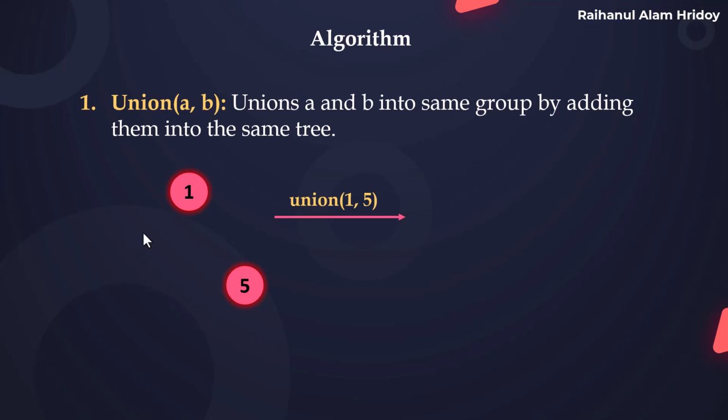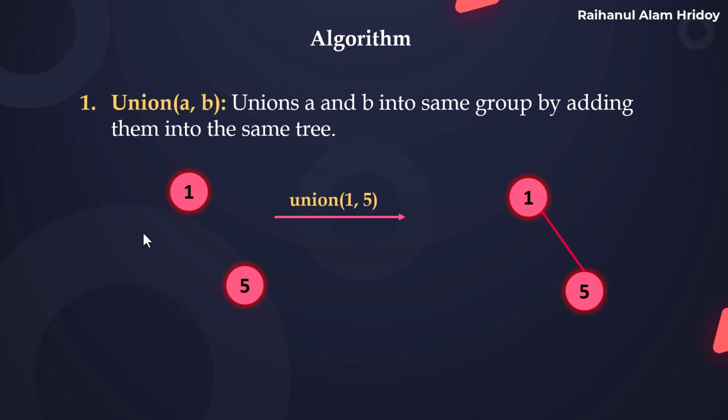The algorithm has 2 important functions. We will first talk about the union function. Suppose we wish to union 1 and 5 because both are odd numbers. Anyone can be a parent of anyone. So we add 1 as a parent of 5.